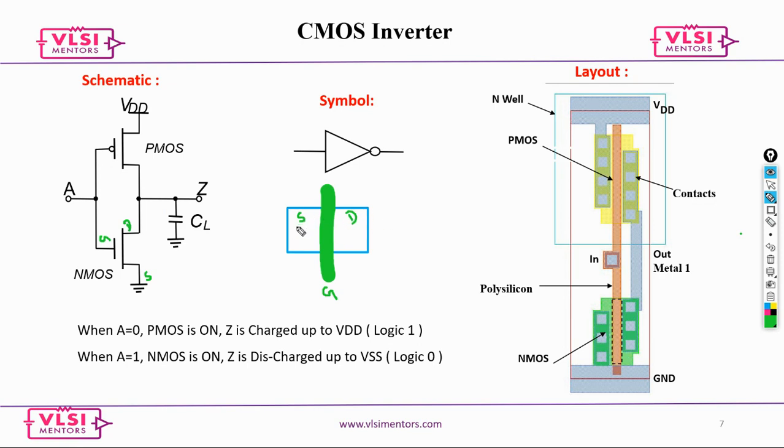If you treat this as a source, this side works as a drain. If you wanted to choose the other as a source, you can, and this side will operate as the drain. So it need not be that the left side is always source and the right side is always drain. There is nothing like that. Your source and drain can be interchanged in the layout.